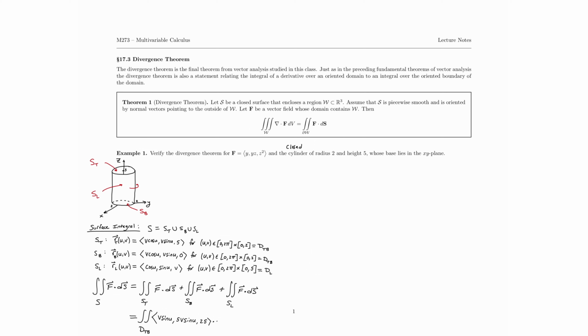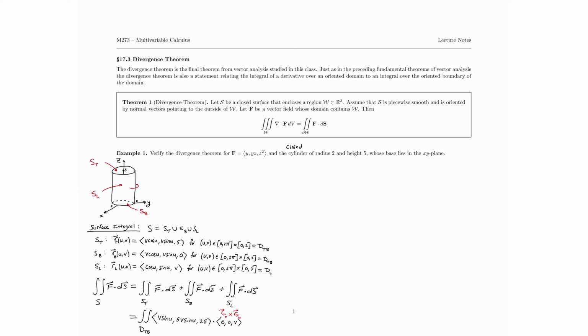For the top, this will be 0, 0, v, and this is exactly r_TV cross r_TU, in that order.